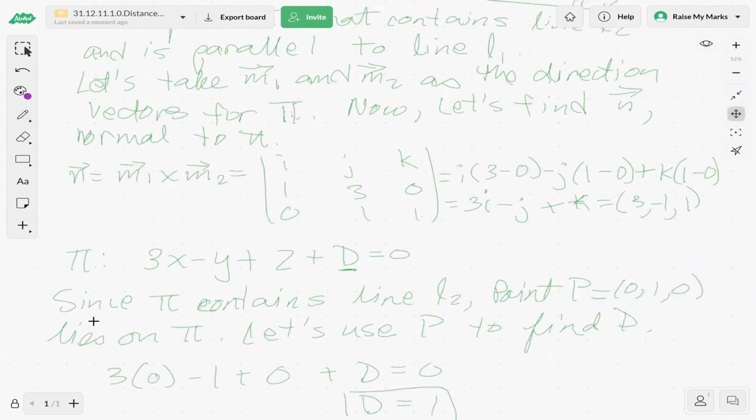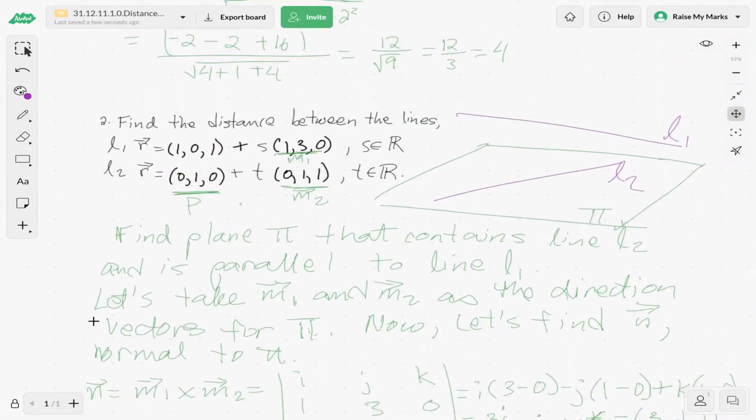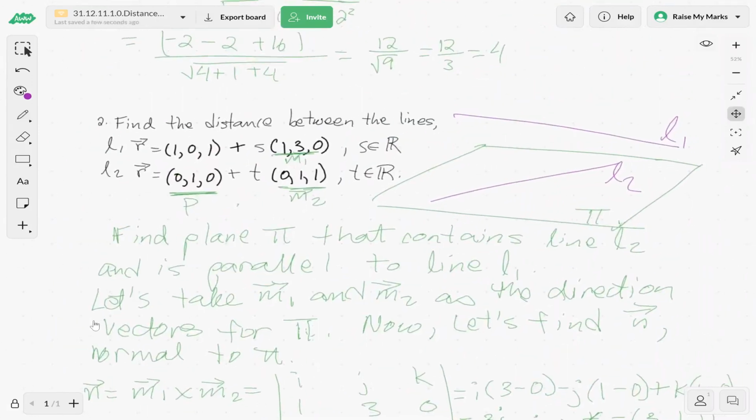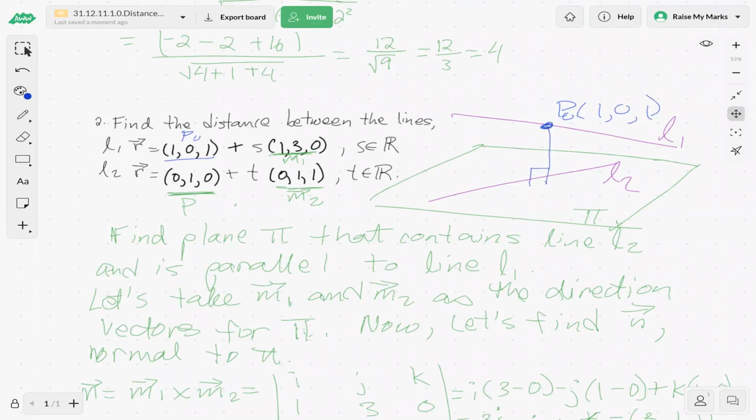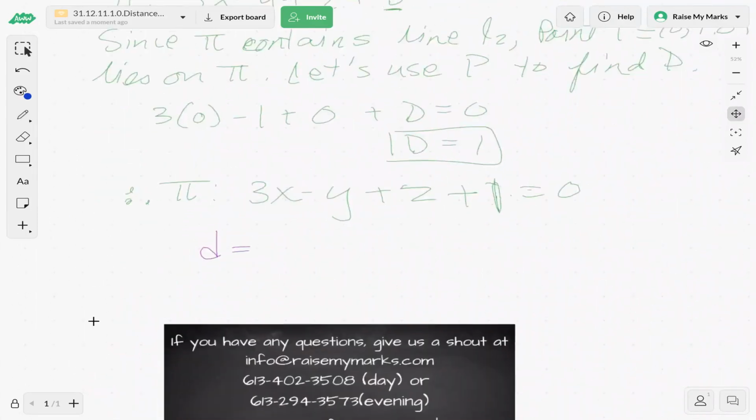Let's go back up and find our point. Our point P0 on L1, we're going to use as (1, 0, 1). That's going to be our point P0. So we're looking for the distance from P0 to our plane pi.